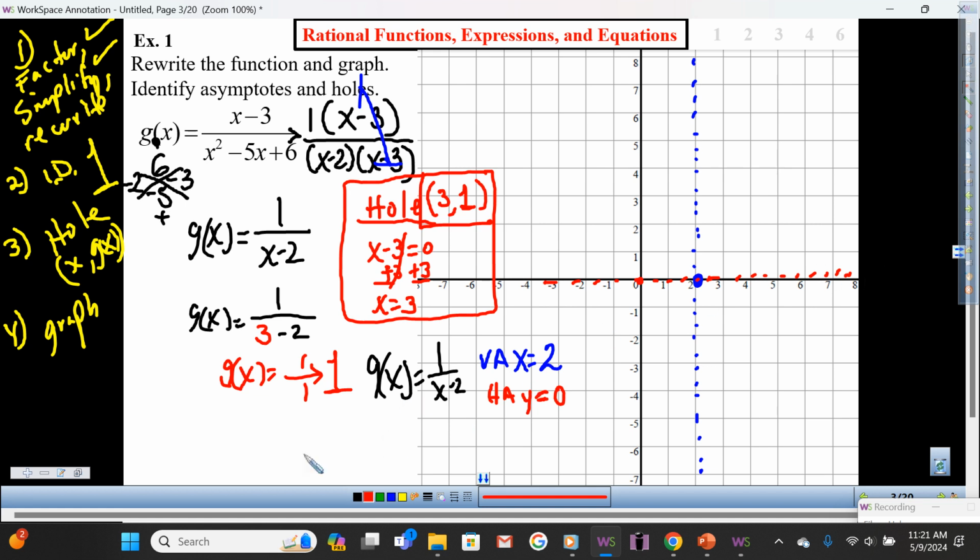Now, before we start graphing, look up. Look at the denominator of this equation, the one that we're graphing. Here's our equation. Let me highlight that. Look at the denominator and tell your neighbor what that graph is going to look like. Show your neighbor with your fingers. How's that graph going to look according to this denominator?